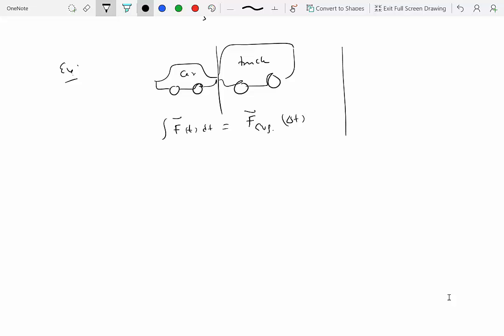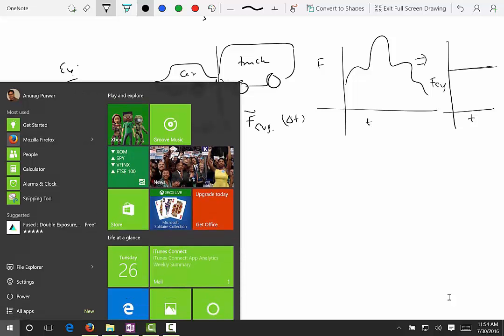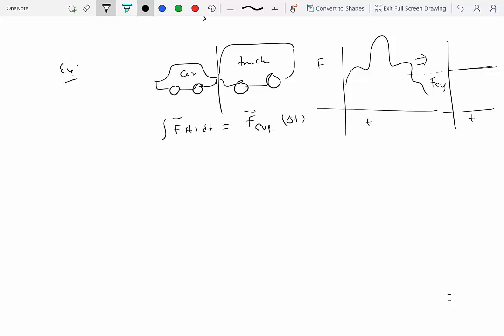So what we're saying is that we have a force versus time graph, but we are going to replace this with a force average times time graph, where the average would be some line, right? This is a constant line. So if you extend this to the left-hand side, we have some average. Now, one thing we know about the average of anything is that you have to have some numbers above it and some numbers below it, right?